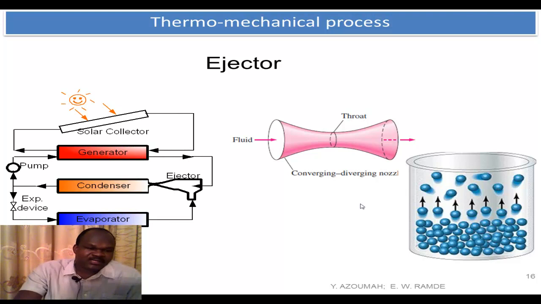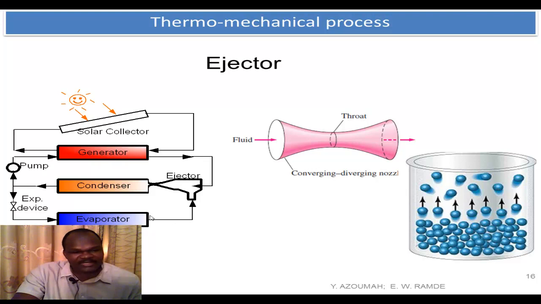This illustration here is to tell you that the fluid that you pass through the ejector could be steam. And how do you get your steam? You can use the solar system to generate your steam. So you have the solar collector, you have the generator generating the steam, and then you pass the steam through a convergent divergent nozzle, and while it is going in high speed, it will entrain some of the vapor from the evaporator.